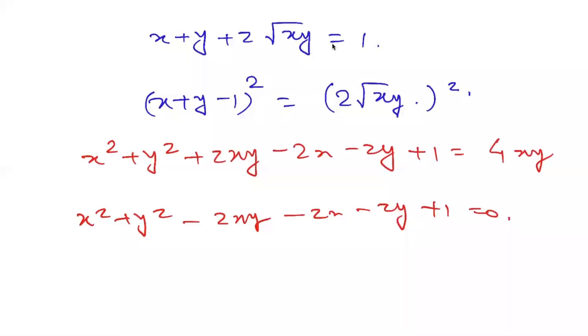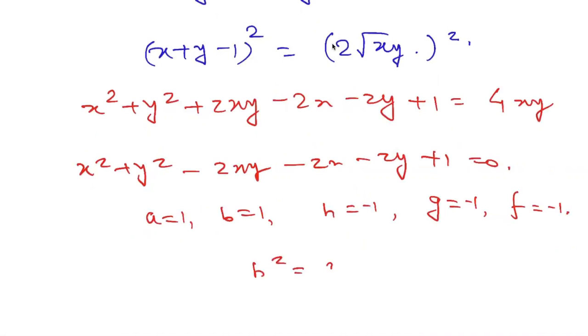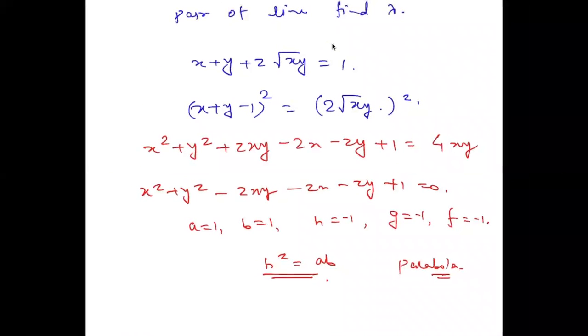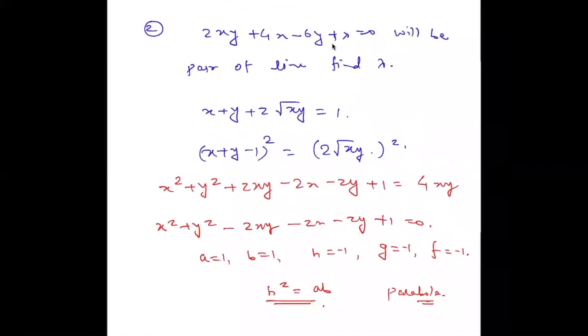We are not getting a complete square term, right? In this case, a is equal to 1, b is equal to 1, h is equal to minus 1, g is equal to minus 1, f is equal to minus 1, h square is equal to ab, right? So parabola. This must represent a parabola, right?